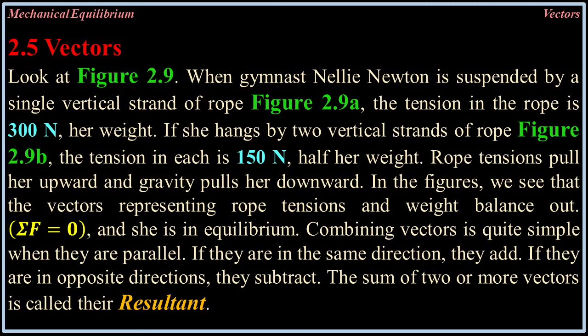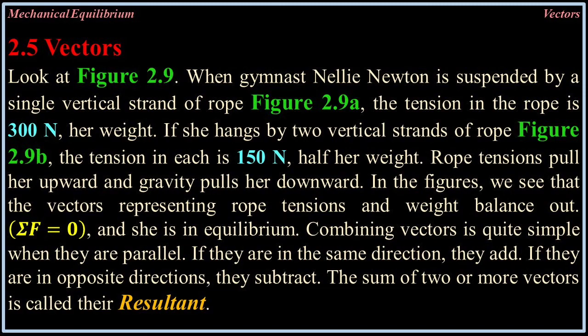2.5, Vectors. Look at Figure 2.9. When gymnast Nellie Newton is suspended by a single vertical strand of rope, Figure 2.9a, the tension in the rope is 300 newtons, her weight. If she hangs by two vertical strands of rope, Figure 2.9b, the tension in each is 150 newtons, half her weight.